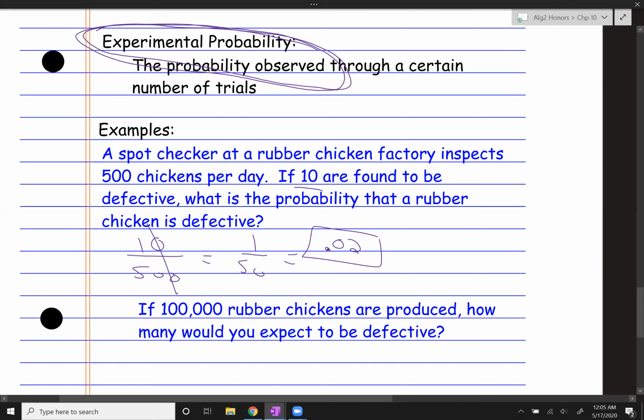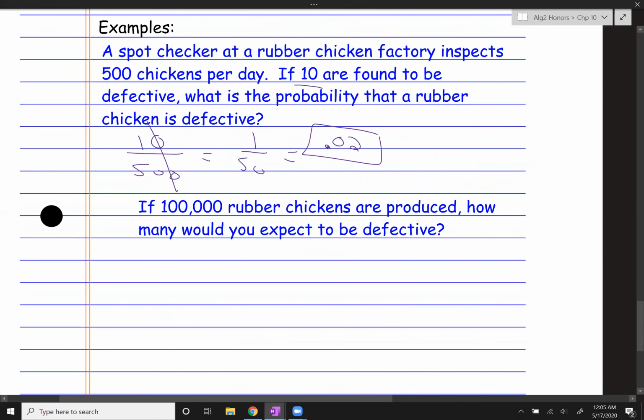That's pretty good. So the next thing is now we're going to take, and they have made 100,000 of these chickens. And how many would you think that they need to throw out because they've been defective? So 100,000. So instead of setting up a whole entire proportion, now what we've done by using our experiment is we said, okay, that means I would expect to have a waste of 0.02.